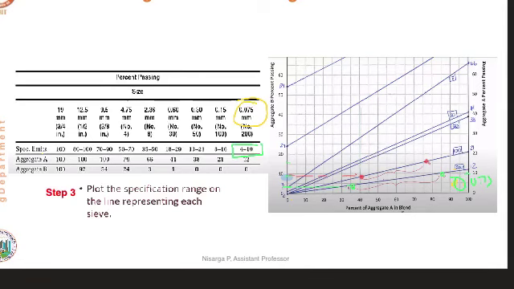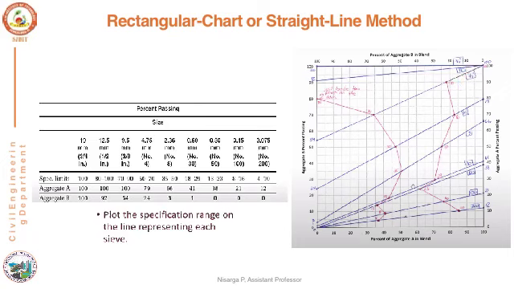Once we obtain the specification limits, the next step is the gradation. We have to find out how to combine the two aggregates A and B to obtain the required gradation. So here we can see that these are the points which represent the lower limit of the specification range, and on the other side those represent the upper limit of the specification range.